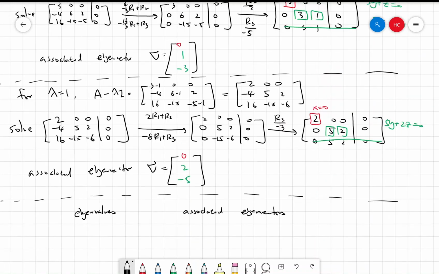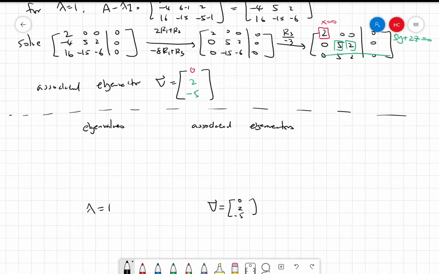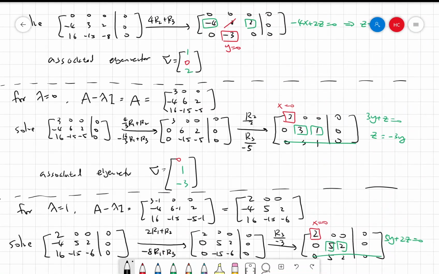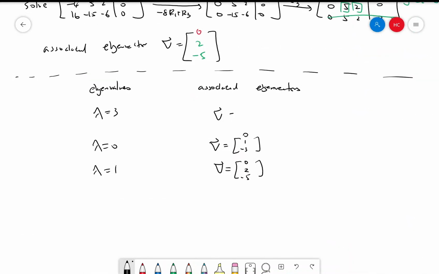So for lambda equal to 0, v is 0, 1, negative 3. And for lambda equal to 3, it's 1, 0, 2. So we have 3 distinct eigenvalues corresponding to 3 distinct associated eigenvectors.